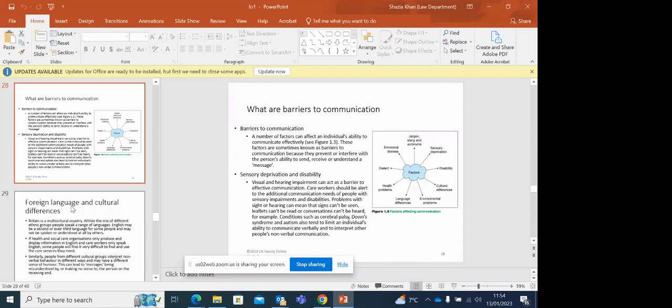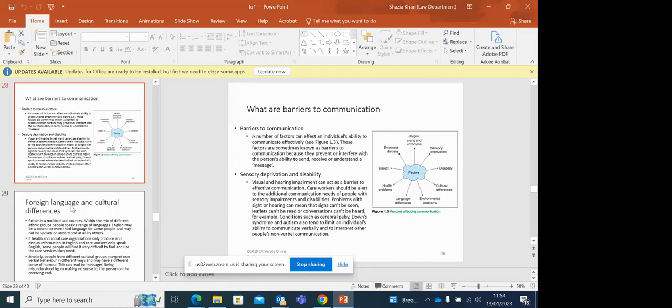Sensory deprivation and disability. Visual and hearing impairment can act as a barrier to effective communication. Care workers should be alerted to the additional communication needs of people with sensory impairments and disabilities.